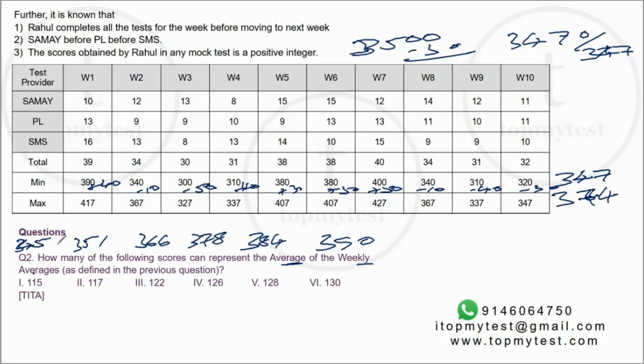So your final numbers should be between this range, 347 and 374, both inclusive. 345 is not in there. 351 is there, 366 is there, 378, 384 and 390 are not there. So 2 of the 6 scores can be the overall average of the averages.